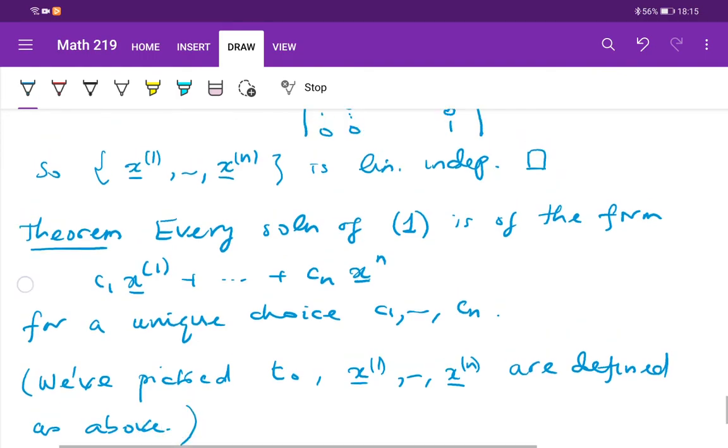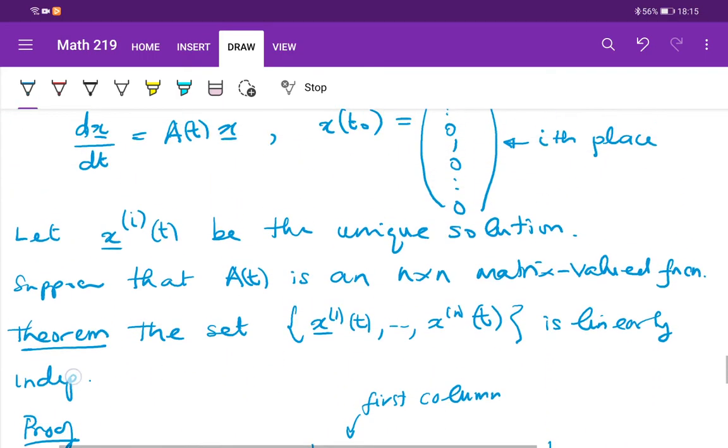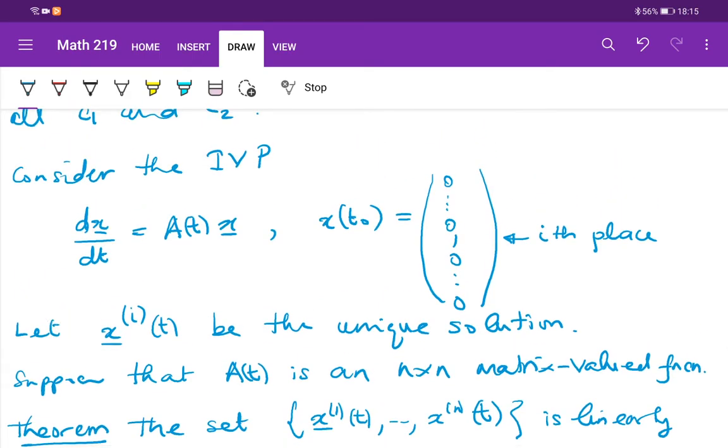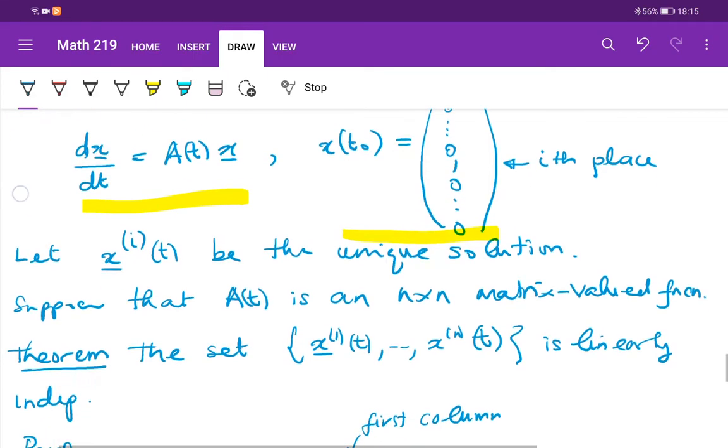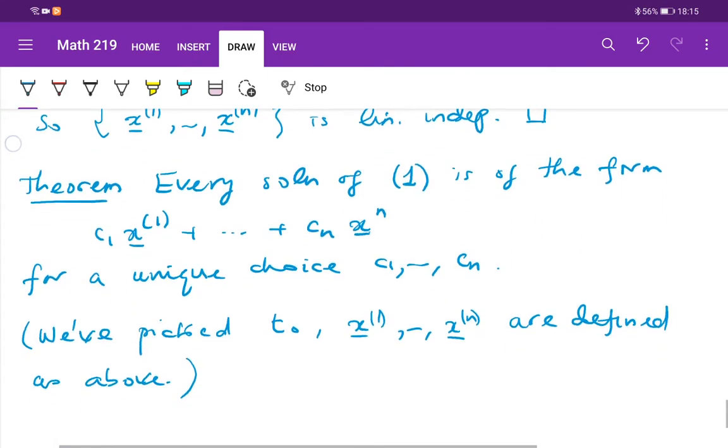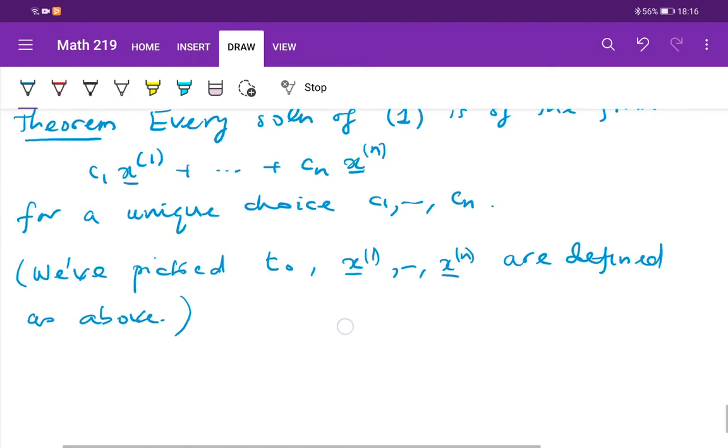They are defined as the unique solution of the IVP given here. So those are solutions of our equation, and we're saying that every solution is a linear combination of those solutions in a unique way, in fact.